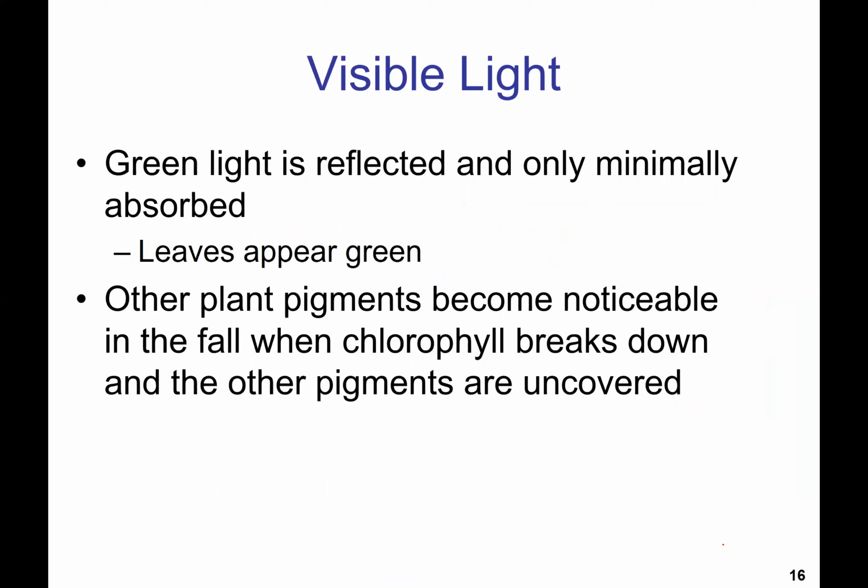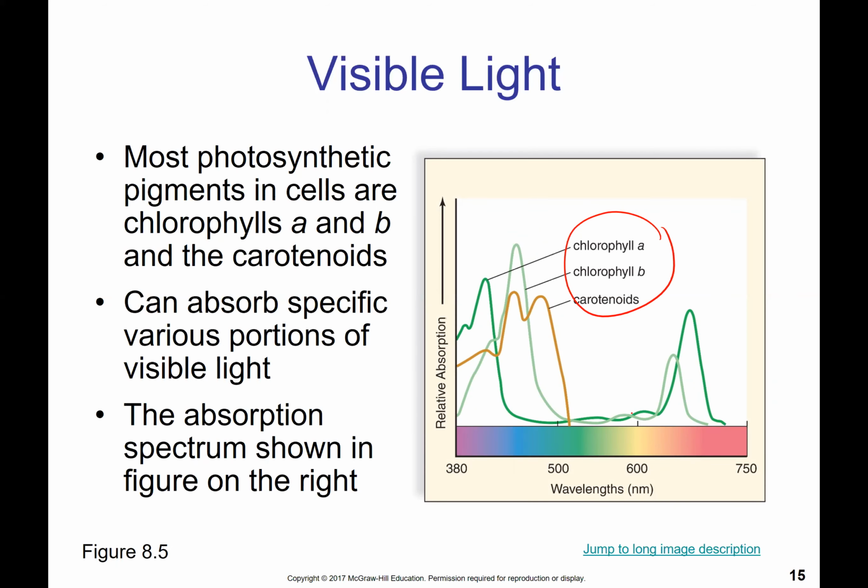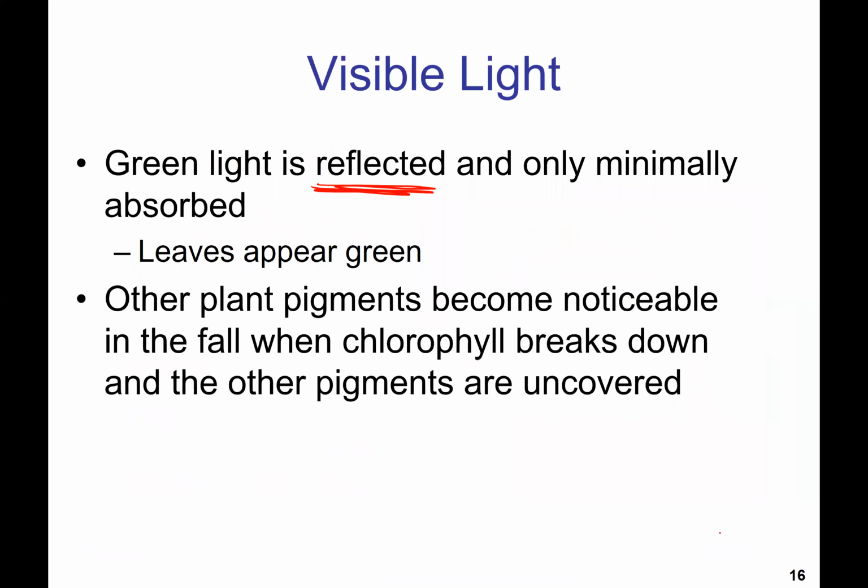Well, leaves are green because they reflect green light and do not absorb it. If we look right here, green on our wavelength, it is not absorbed, whereas purple light and red light are going to be absorbed. So why do leaves look green? Because they reflect green light. That's why they look green. You might see that question later on.